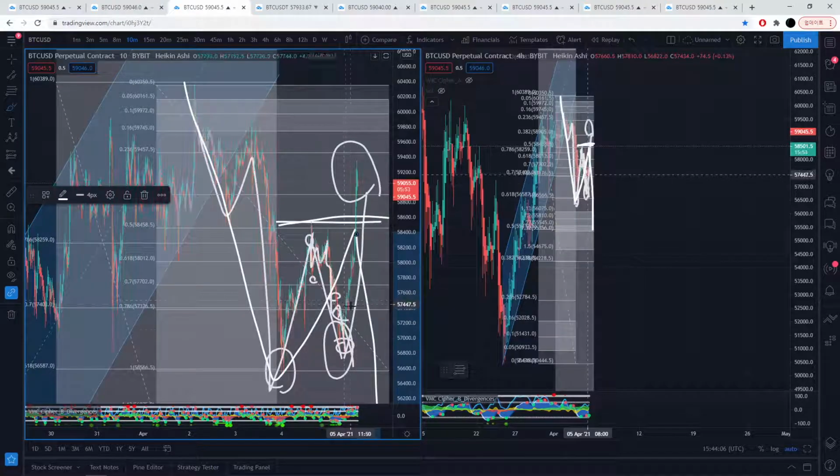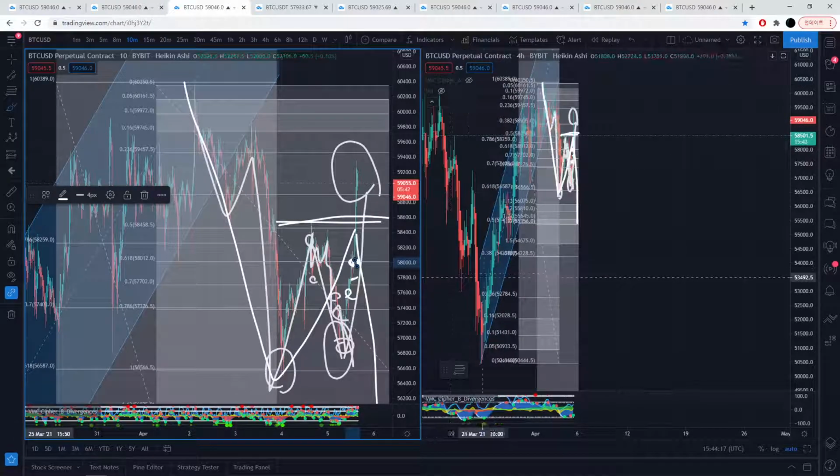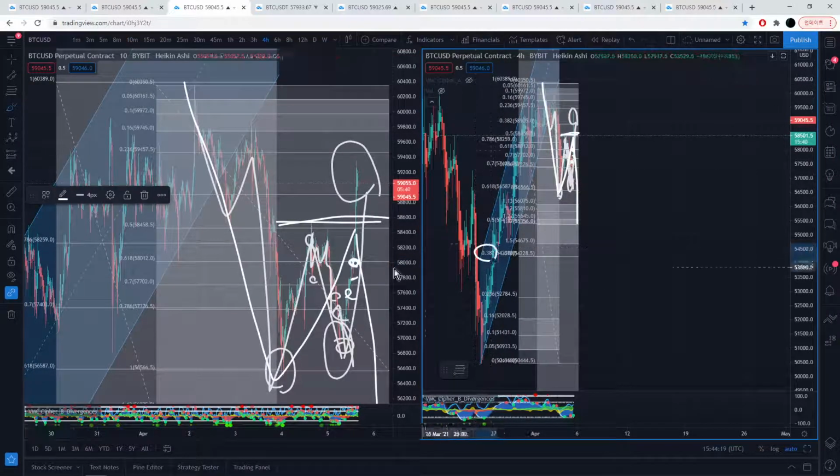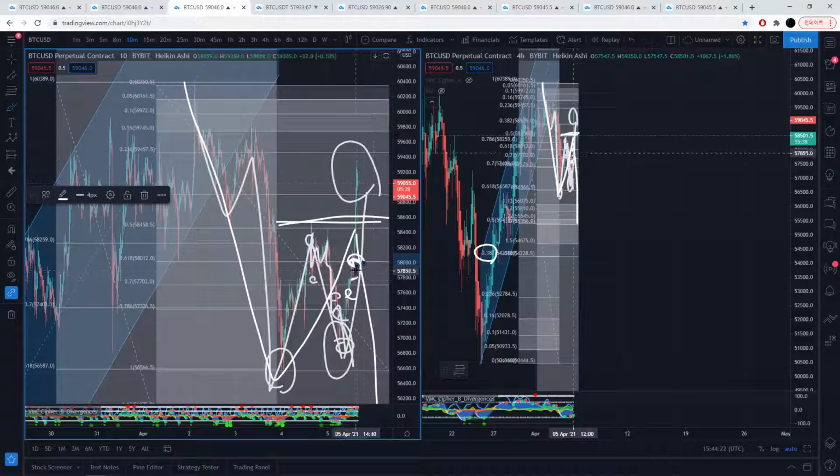I took my full profit, I think, at 382. Yes, sorry about that, 382. And then when I saw this going, I realized it's not finished. It's going to go up again and again.